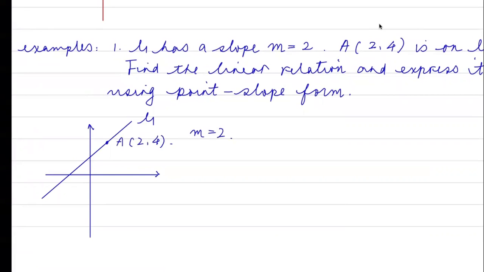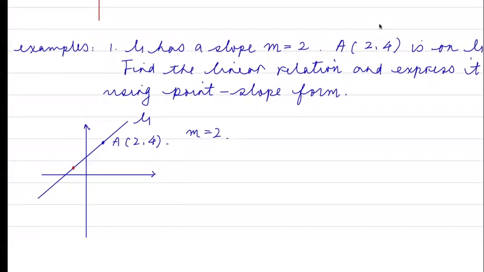How do we find the linear relation of the straight line? We use the slope formula, right? If we knew any other point on this straight line, if we know this coordinate, then we can use the slope formula to express the slope.